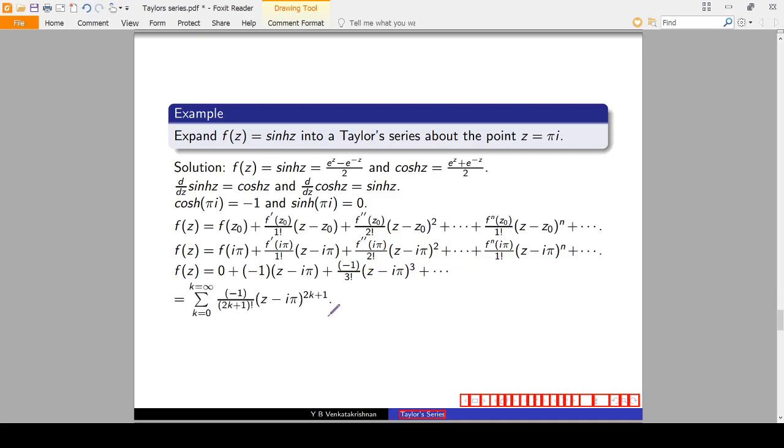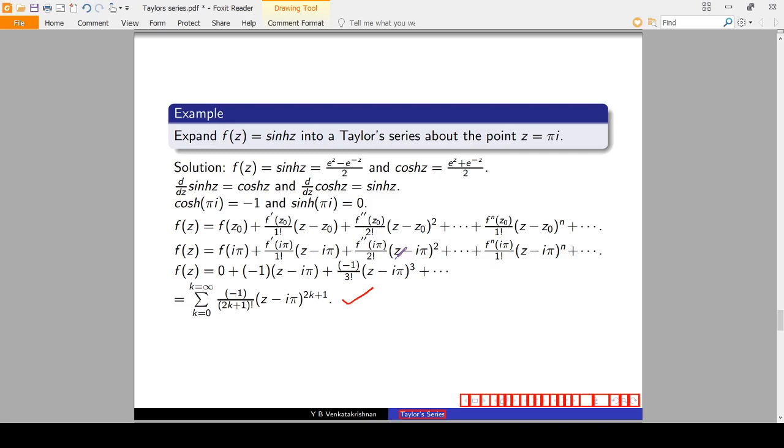And when I use the summation notation, I will have the expansion of sinh z as summation k equal to 0 to infinity, minus 1 to the power k, into (z minus iπ) whole power 2k plus 1, divided by (2k plus 1) factorial.